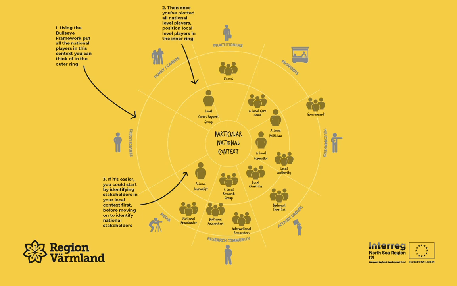But probably the group that will be missing, I think, if you start at this level, is the service users. But that's okay, because those are the groups that we'll obviously be meeting when we go out and do a neighbourhood analysis, or at least people who work a lot closer to them and can tell us a lot more about them.